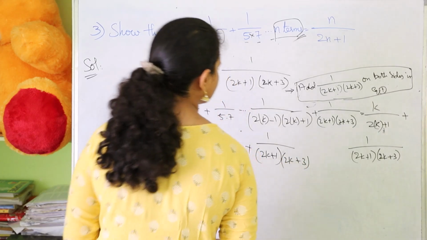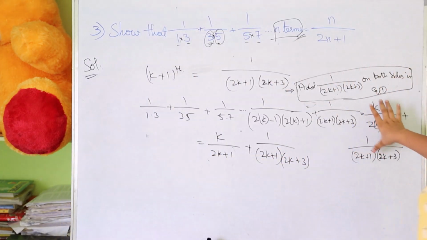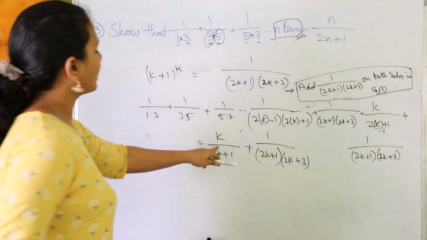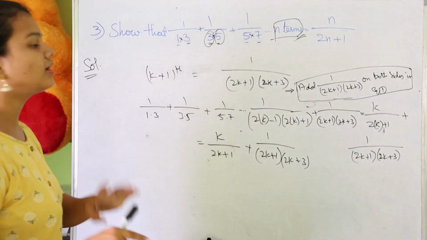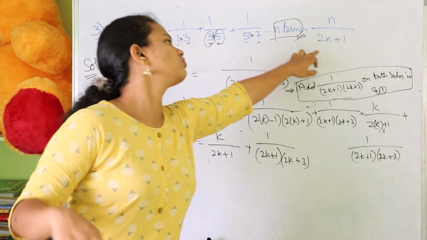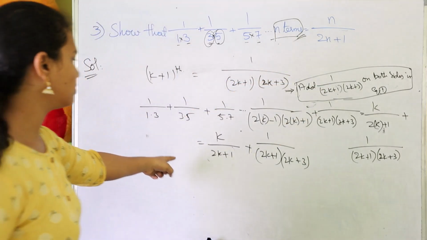This is the RHS side, guys. Now convert the RHS side into this form. As here I got k by 2k plus 1, what you do is take the LCM.